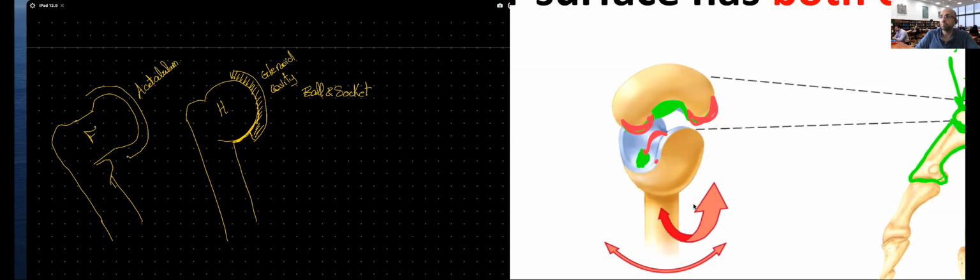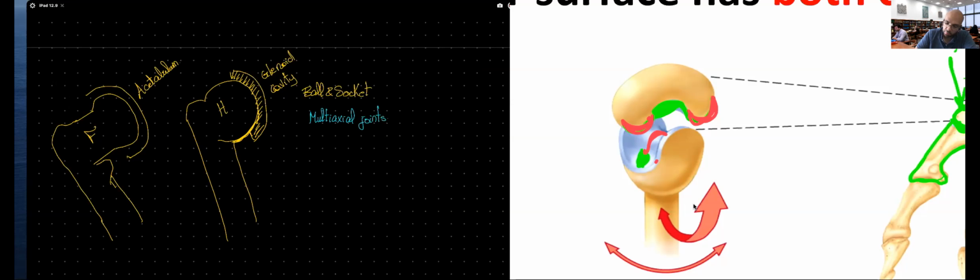Remember, the femur and humerus can perform abduction, adduction, flexion, extension, and rotational movement, medial rotation and lateral rotation. So I have more than 2 axes I can move along, so we call those multi-axial joints.